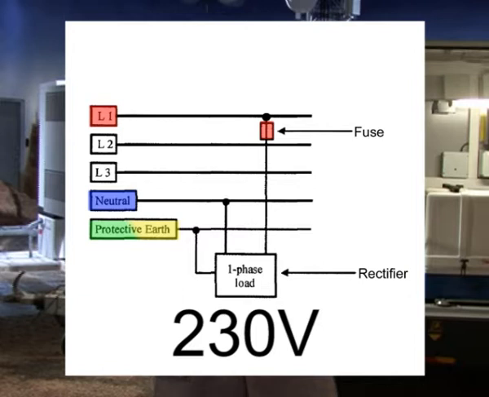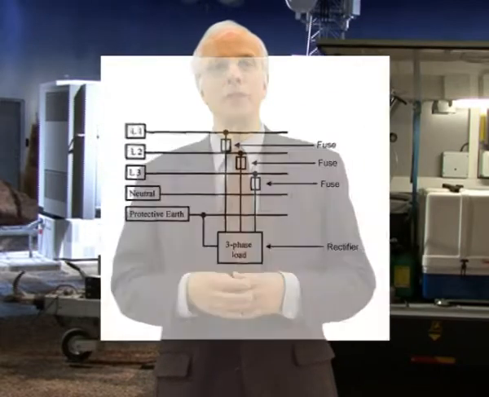That's the most common way of connecting a single-phase rectifier onto a 230 volt system. Now just a note here, a single-phase rectifier has its own fuse or circuit breaker for the phase connection. This is for operating safety. The biggest rectifiers are connected to all three phases.